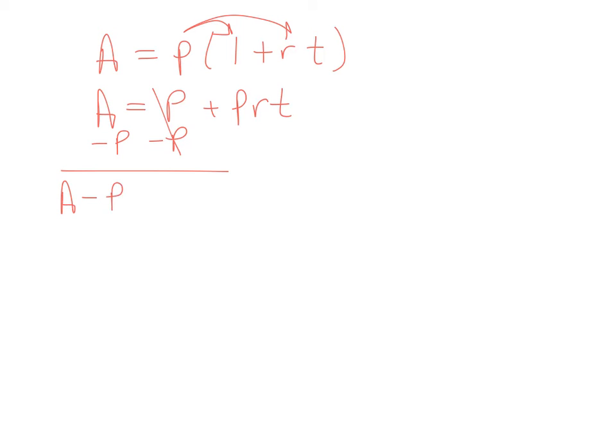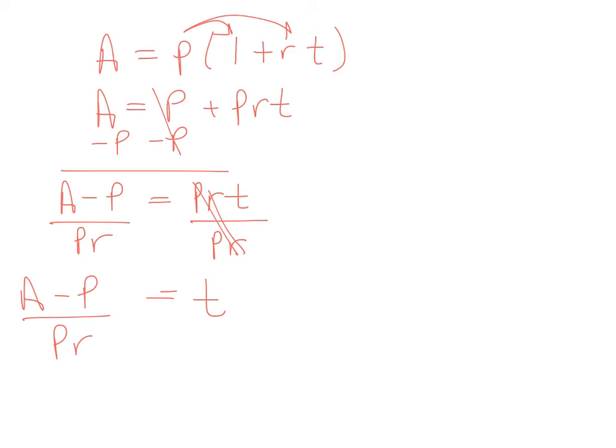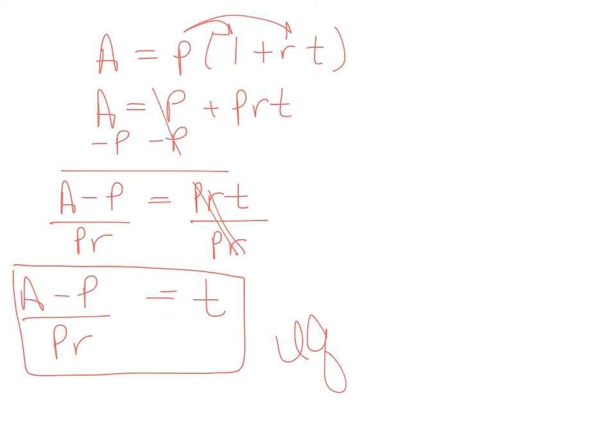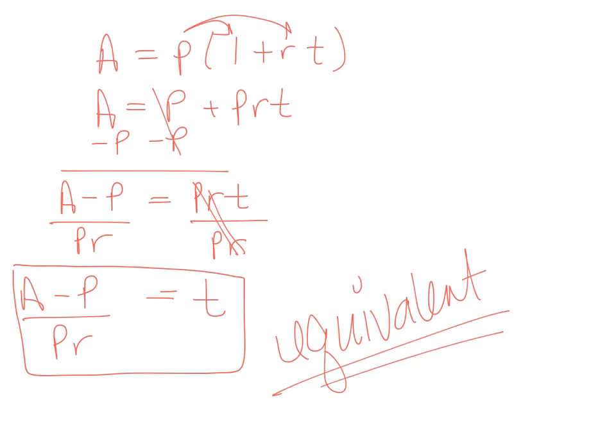A minus p equals prt. Now if I remember right, I'm solving for t, so I'm going to divide both sides by p and r, and I'm left with t equals A minus p over pr. Now the equation on the previous slide and this one, they are equivalent. That means they're both correct, which is cool.